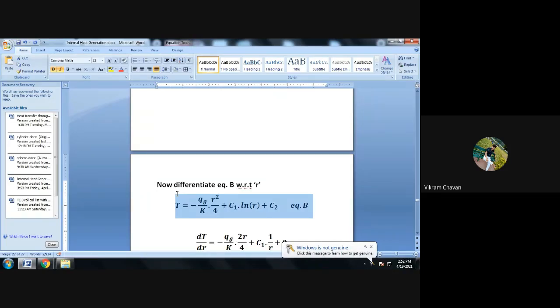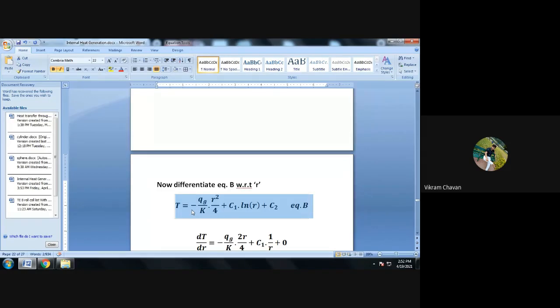So to get dt divided by dr, we have to differentiate equation number b with respect to r. Our equation number b is t is equal to minus q suffix g divided by k multiplied by r square divided by 4 plus C1 multiplied by ln of r plus C2.